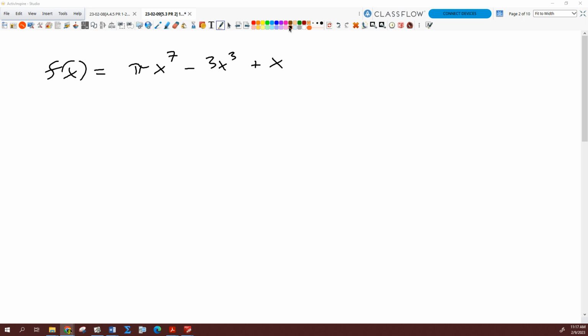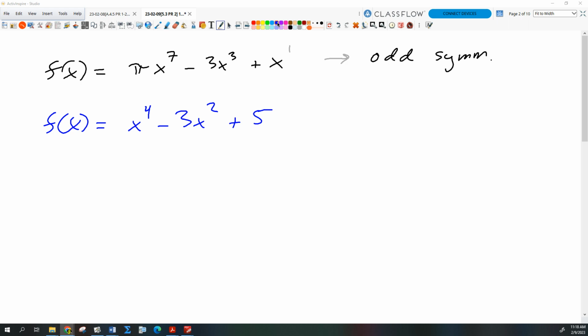Odd, right? Because all of the powers of x are odd, right? Okay, how about this one? Okay, what about the constant?